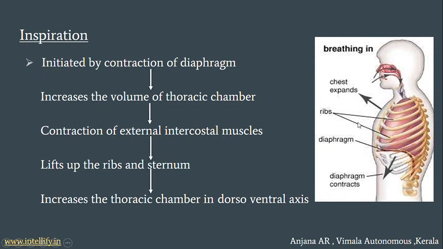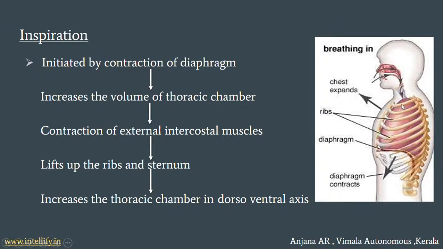They get lifted up, which gives more space to the lungs to expand. This leads to an increase in the thoracic chamber in the dorsoventral axis, which runs from the posterior end to the anterior end.